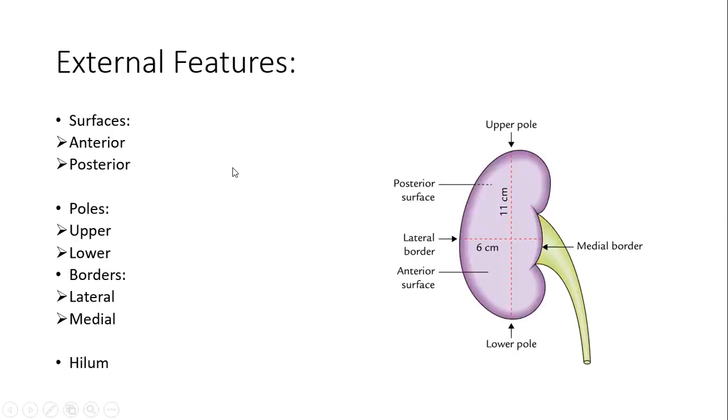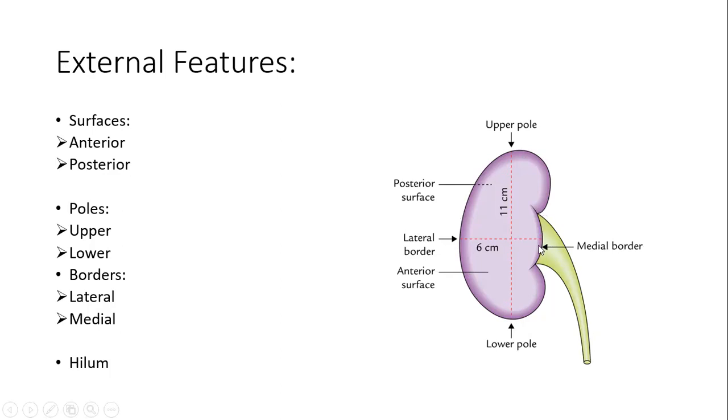Moving on to the gross features, also known as external features, of a kidney. Each kidney has two surfaces, anterior and posterior, and two poles, since it's a bean-shaped structure: an upper pole and a lower pole. It has borders: a lateral outer convex border, and an inner medial, slightly concave border.